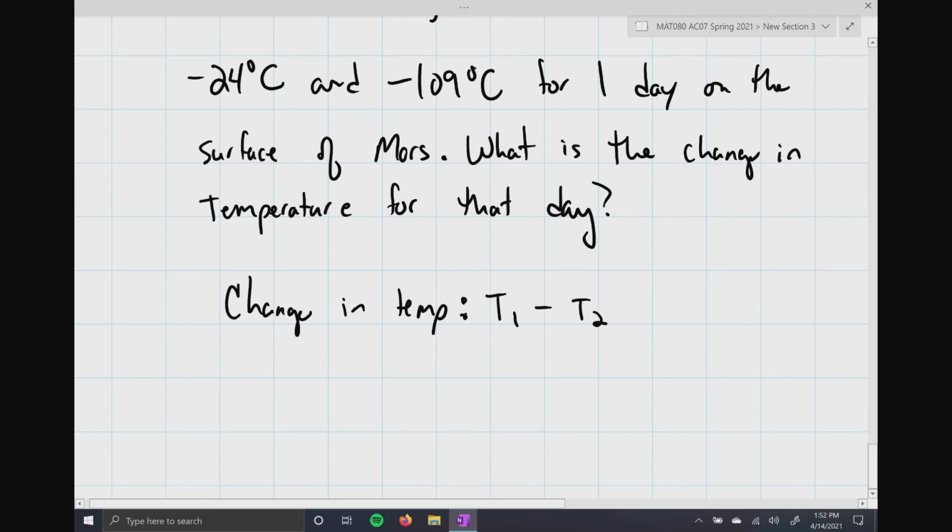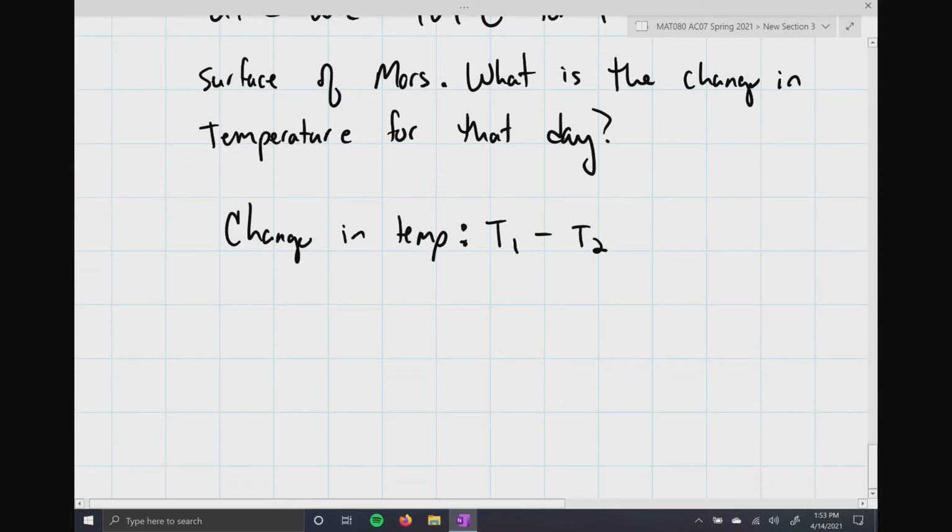So for us, we know this change in temperature goes from negative 24 to negative 109. So what I can do is write negative 109 minus negative 24. Okay?